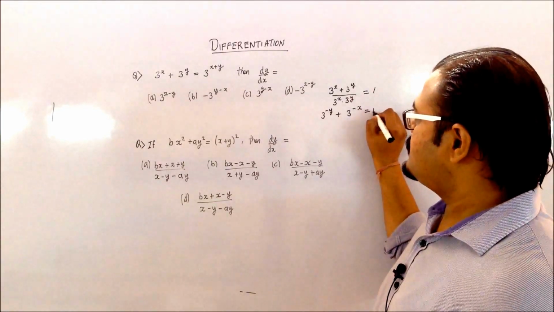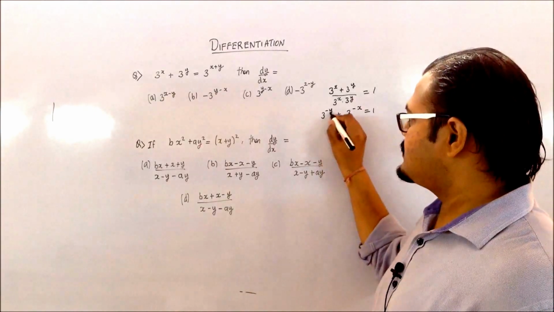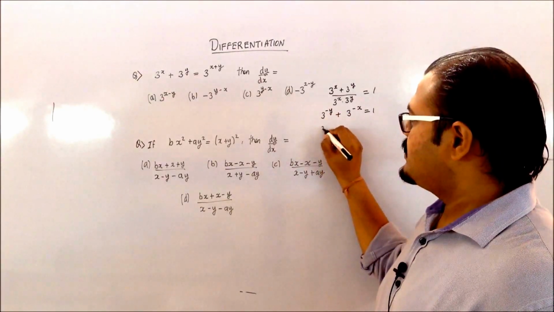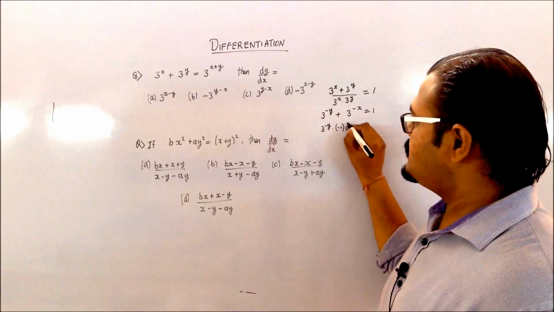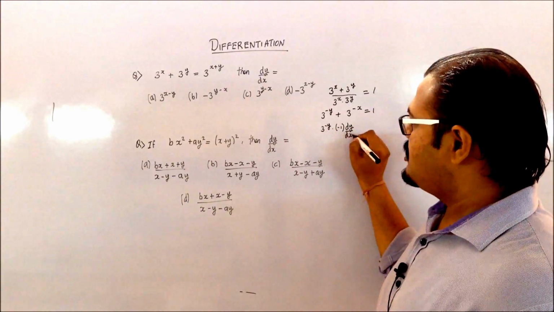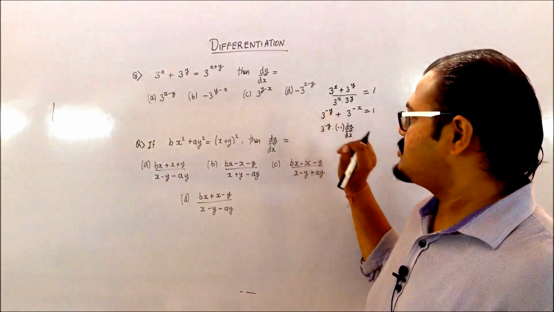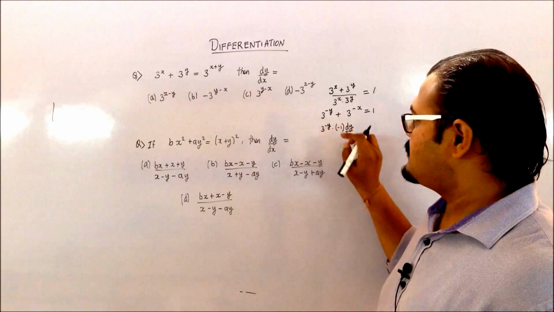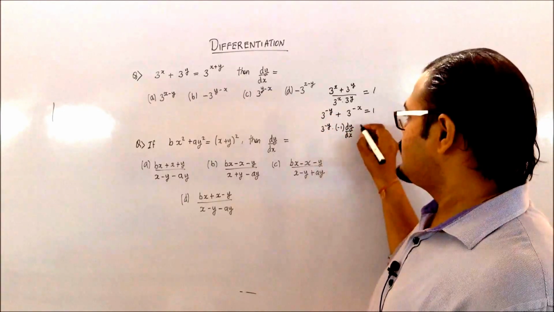minus x equals 1. Now if you take the derivative, what you will have is derivative of this part will be 3 raised to minus y into minus 1 into dy by dx. Because it is 3 raised to x is this part, you don't have an x over here, you have a minus y, so minus 1 for that and dy by dx.